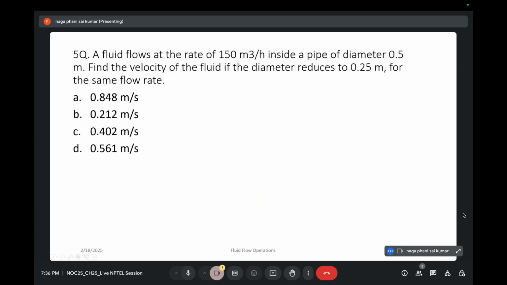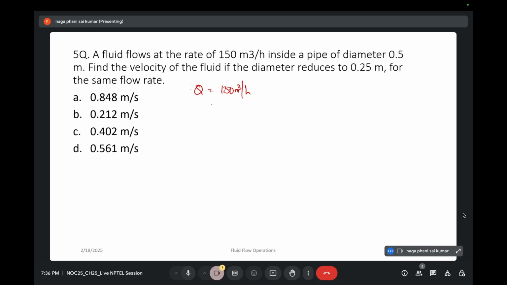So moving on to the fifth question. A fluid flows at a rate of 150 meter cube per hour inside a pipe of diameter 0.5 meter. Find the velocity of the fluid if the diameter is reduced to 0.25 meter for the same flow rate. We already solved this type of problem, right? Q is given as 150 meter cube per hour.